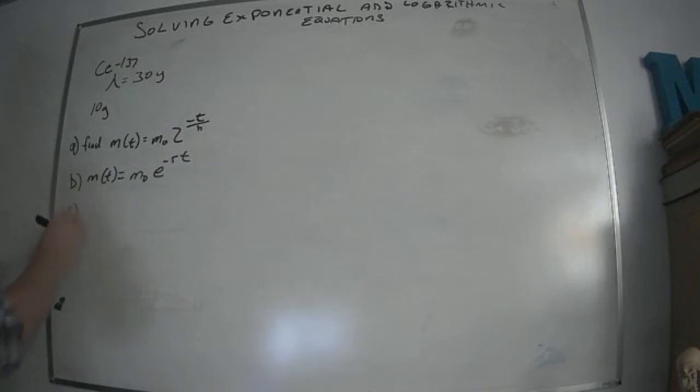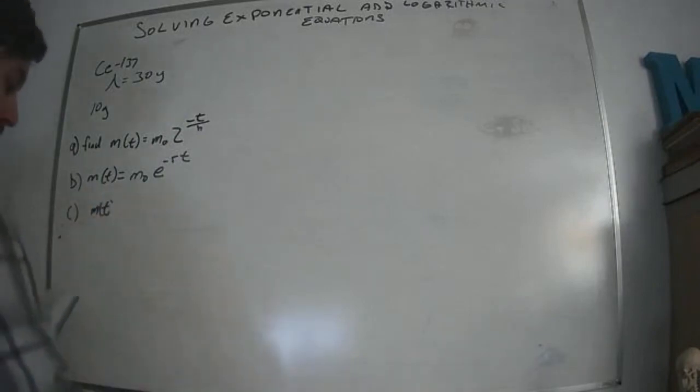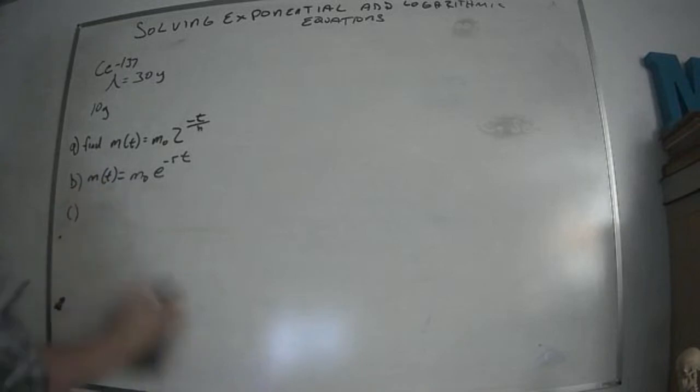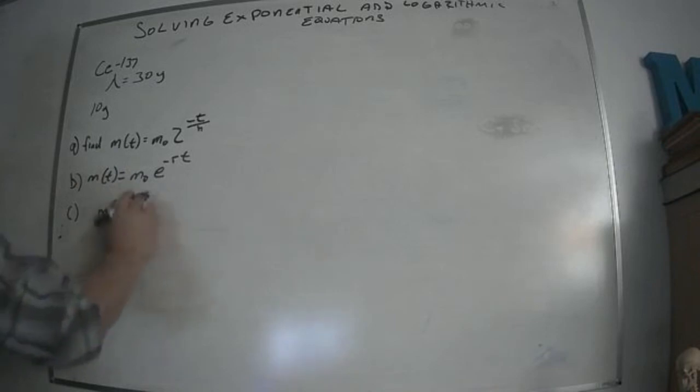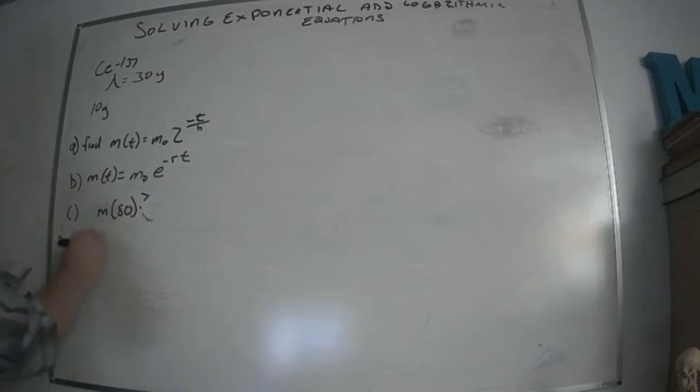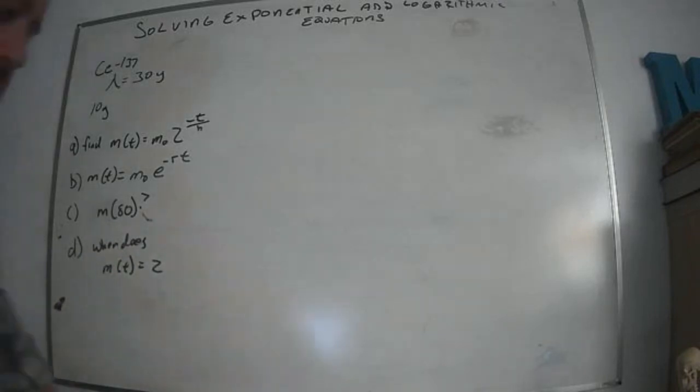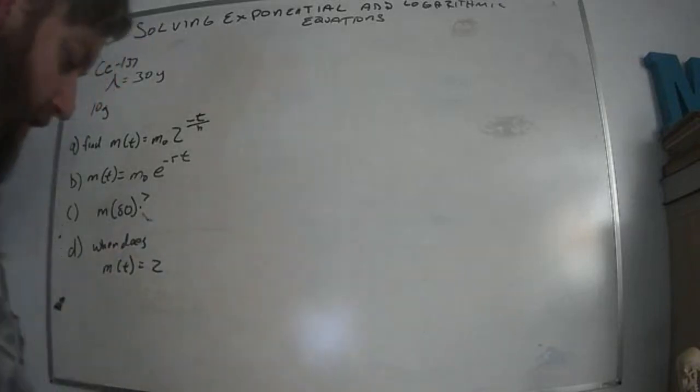And C, what is m of t, or specifically, I can write it a little bit easier, find m of 80. And then D, when does m of t equal 2? So we're being asked to do a lot here.